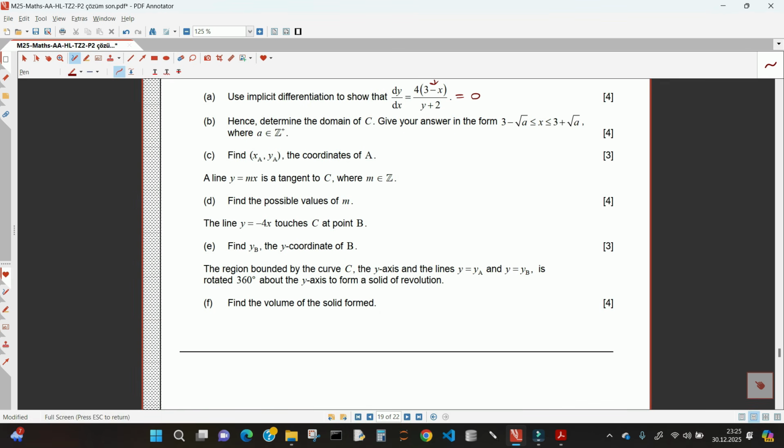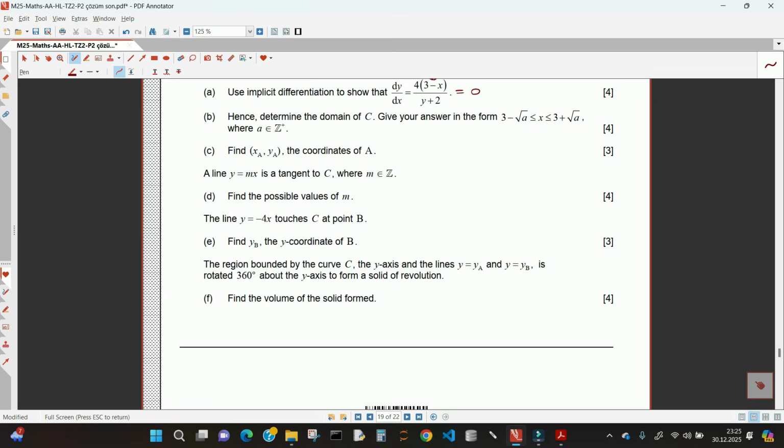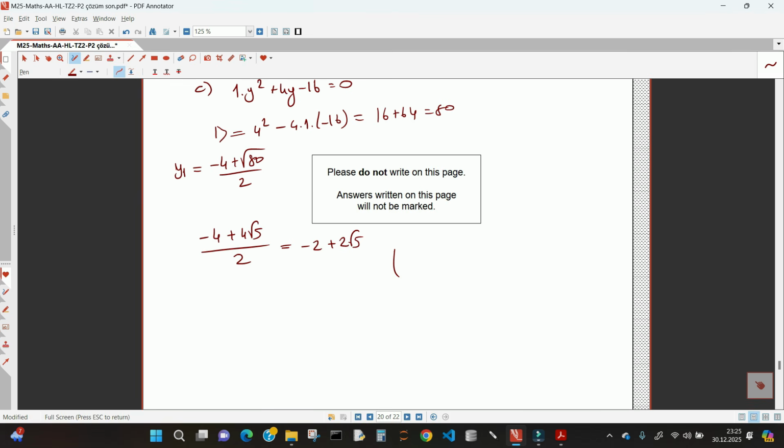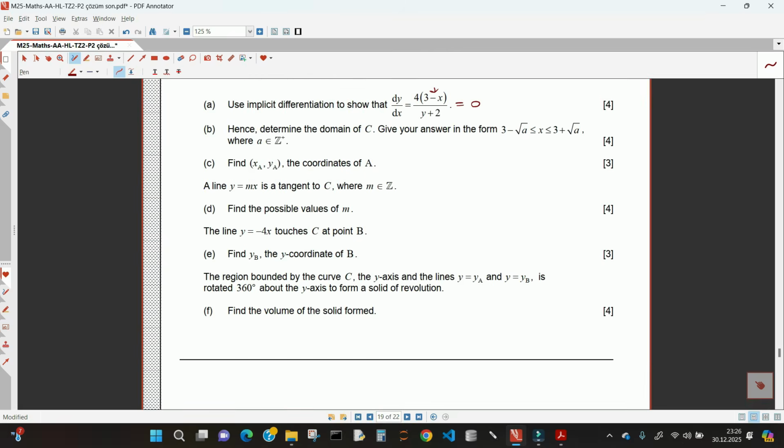Yeah, and this is the y coordinate. The x coordinate was 3, and the point A is 3, and minus 2 plus 2 times square root of 5.